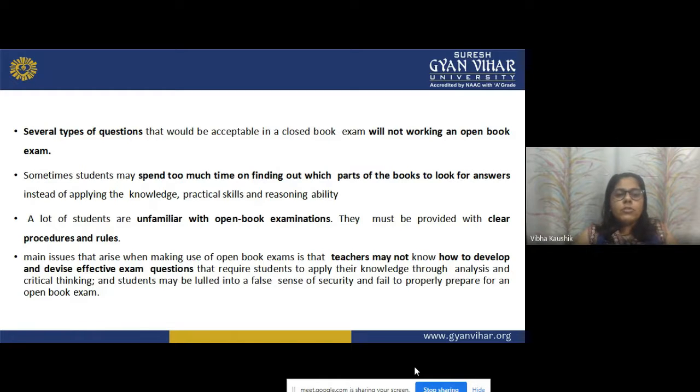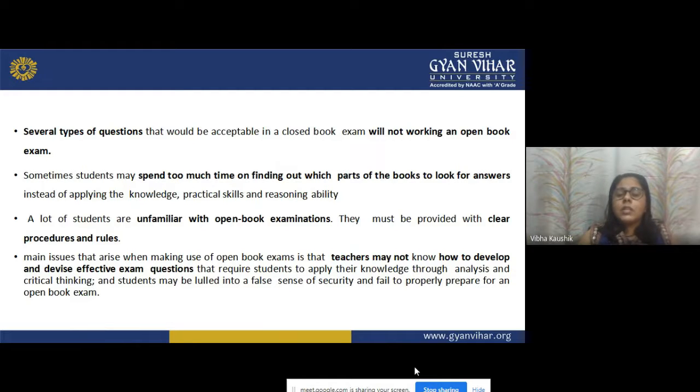Several types of questions that would be accepted in a closed book exam will not work in an open book exam. It means there is a limitation of choice related to the framing of questions when we are framing questions for an open book exam. Sometimes students may spend too much time finding out which parts of the book to look at for the answer, instead of applying the knowledge, practical skills, and reasoning ability.